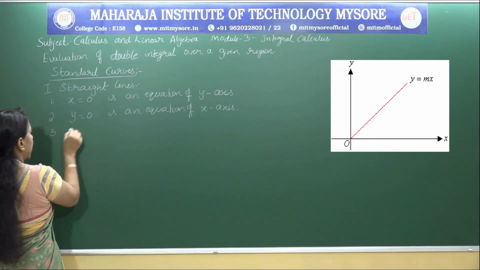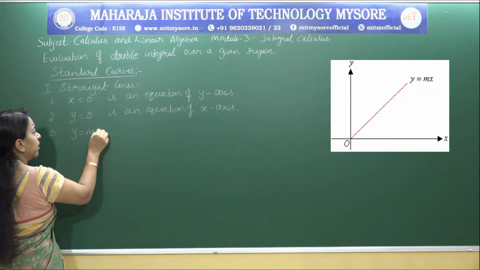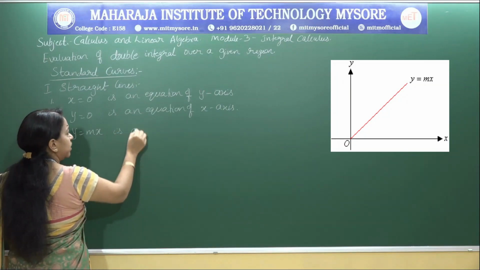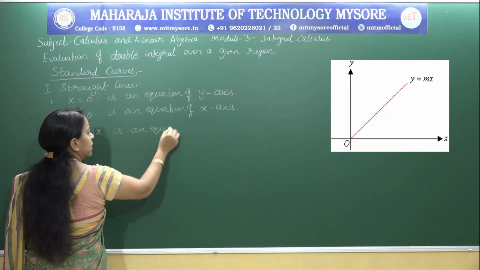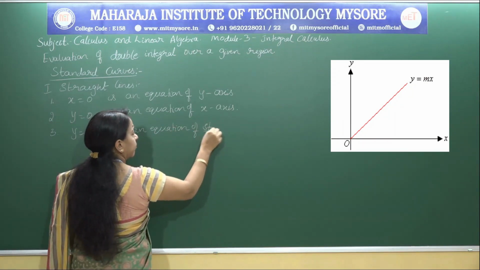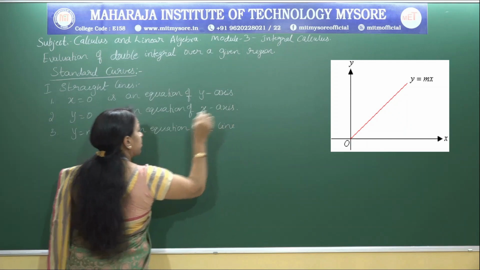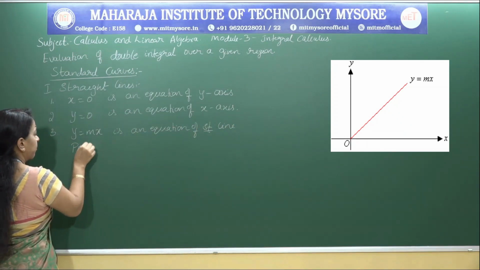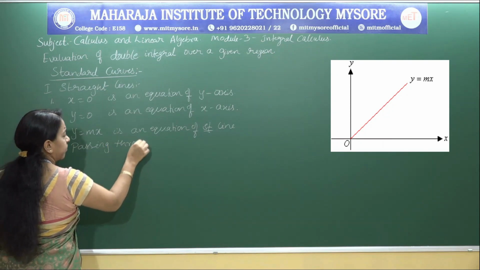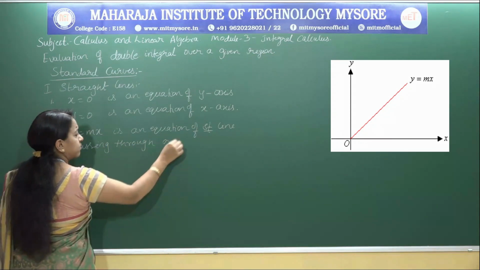And also if we have y equal to m into x, then y equal to mx is the equation of a straight line passing through the origin.